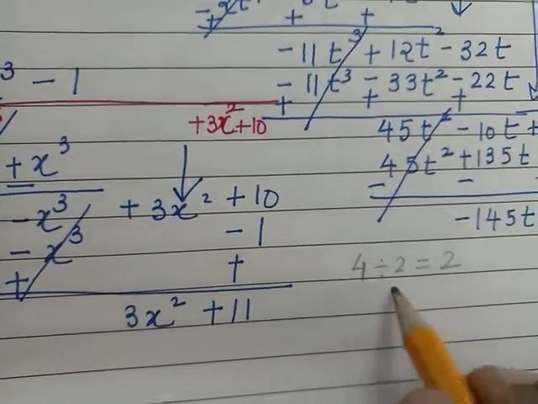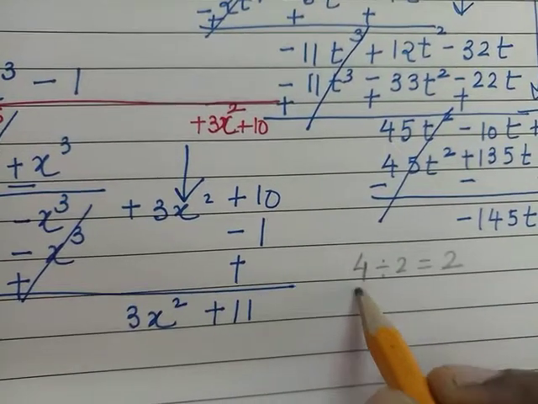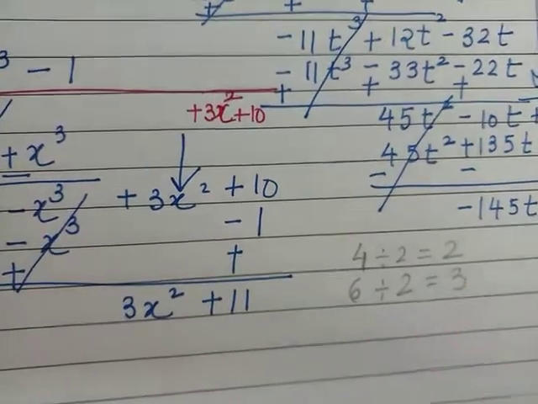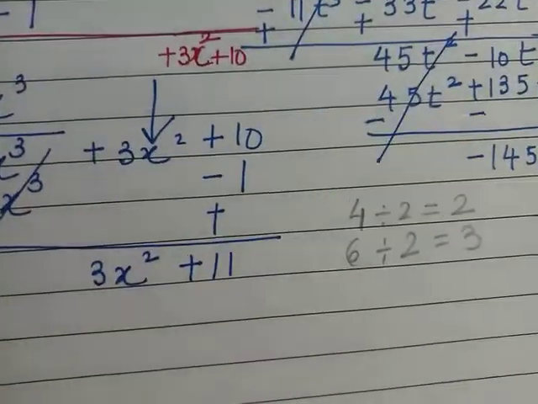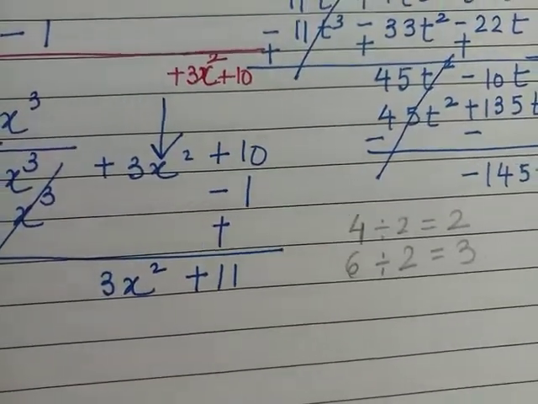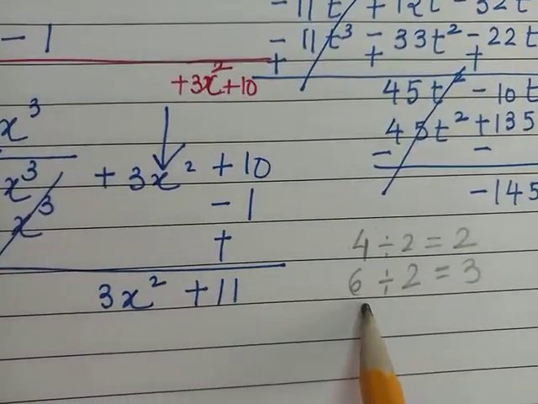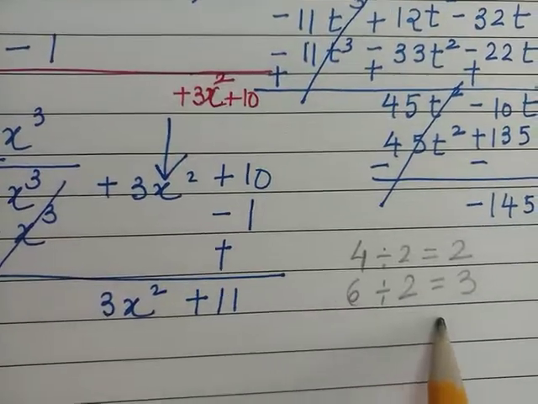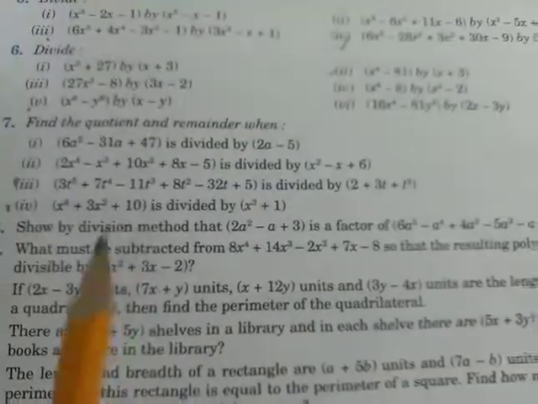If I say 2 is also a factor of 6, that means 6 is exactly divisible by 2. So if any number is a factor, that means on dividing with that number, we get complete division, no remainder is left. So similarly in question number 8, what we are going to do?